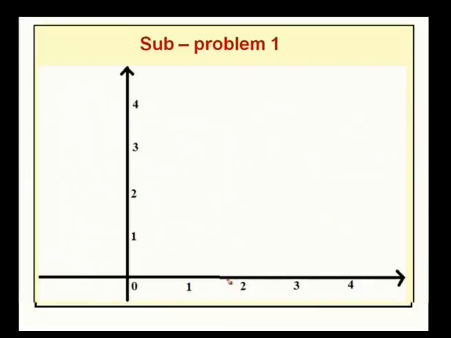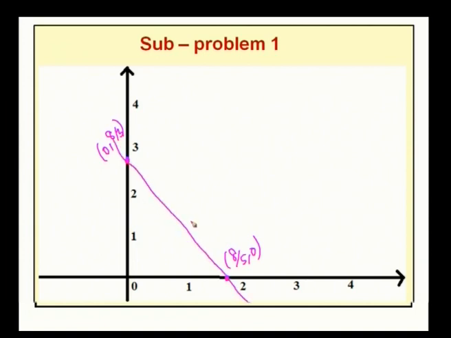First, we have to plot the given constraints in the graph. The first curve is 5x1 plus 3x2 equal to 8. This line is obtained by joining the points 8 by 5 comma 0 and 0 comma 8 by 3.